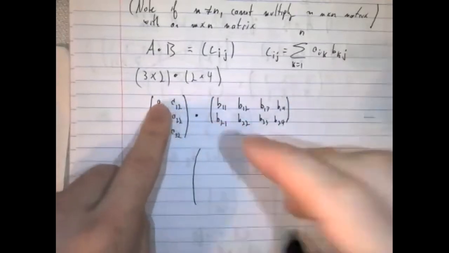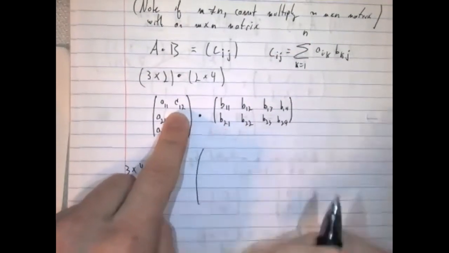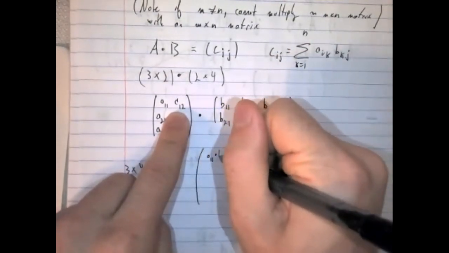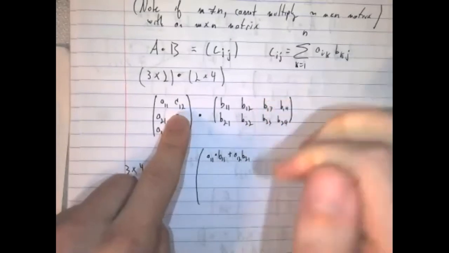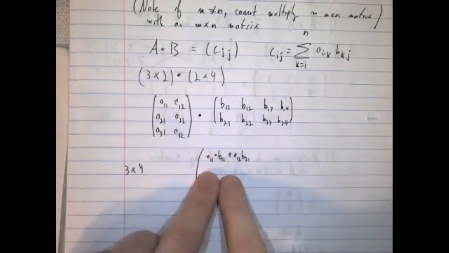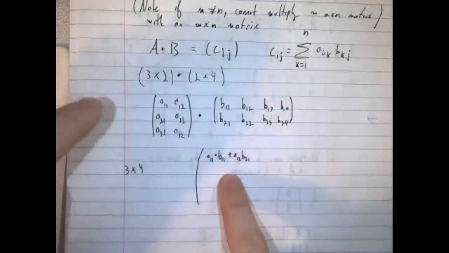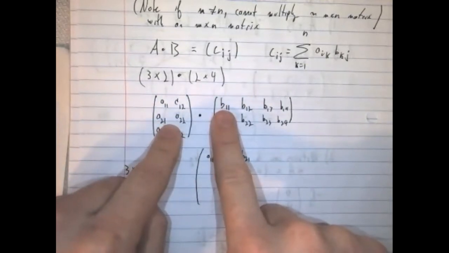The first entry, C11, is going to be the dot product of the first row and the first column. So in other words, it'll be A11 times B11 plus A12 times B21. Right? Is this okay? Yeah. The entry in the 2, 1 position will be the second row dot product with the first column.